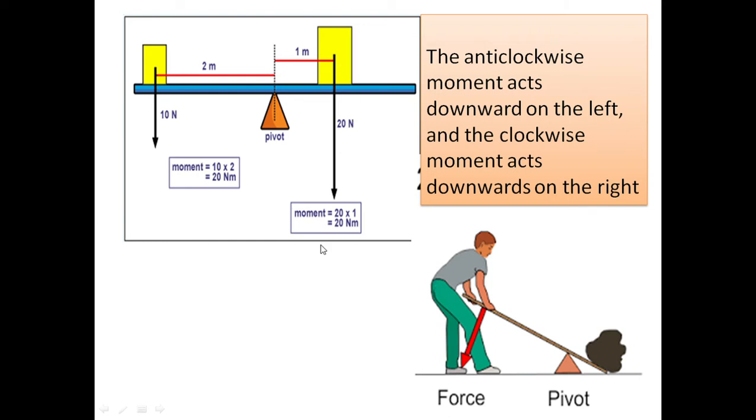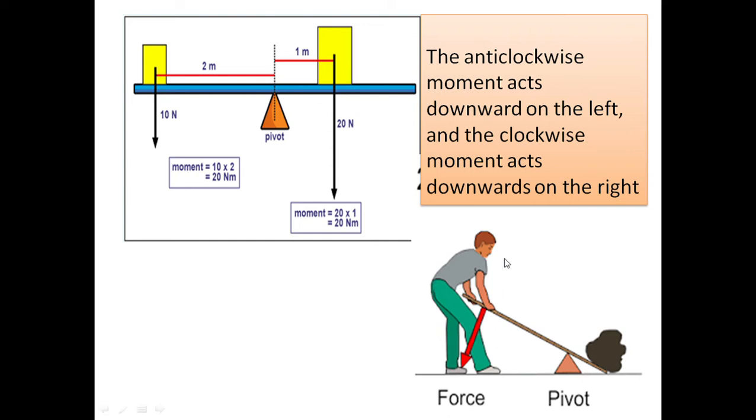Now, the clockwise moment, 20 times 1, 20 Newton meters. 2 times 10, anti-clockwise moment, 20 Newton meters. The anti-clockwise moment acts downward on the left, and the clockwise moment acts downwards on the right. So, these two are equal. Clockwise moment is equal to the anti-clockwise moment, which means the bar is balanced.